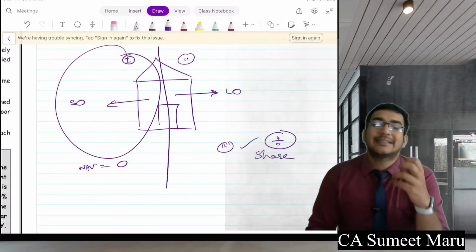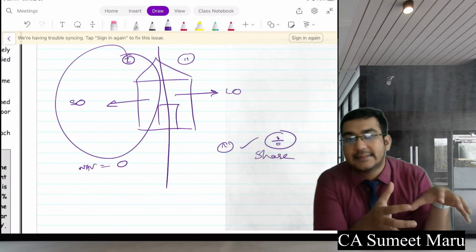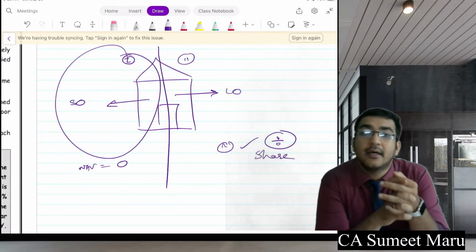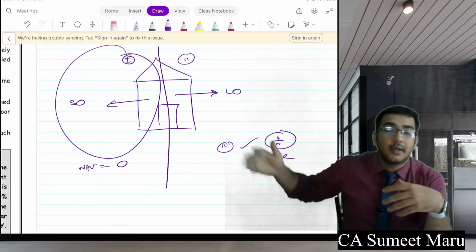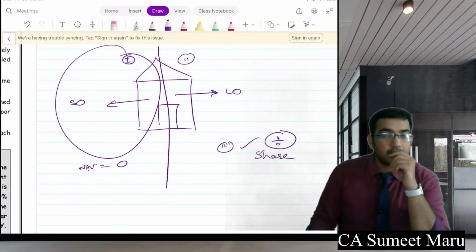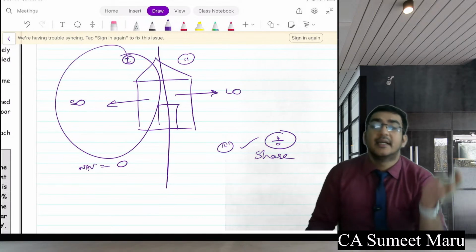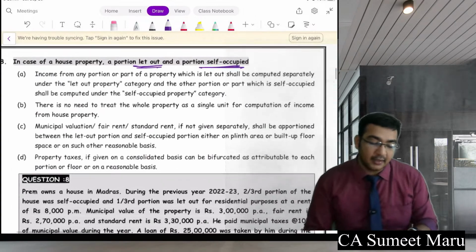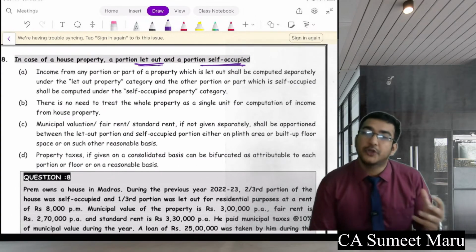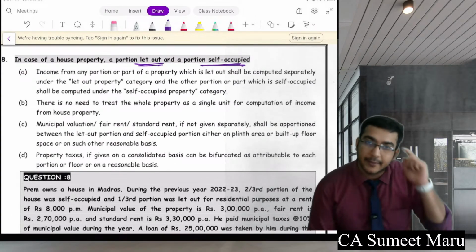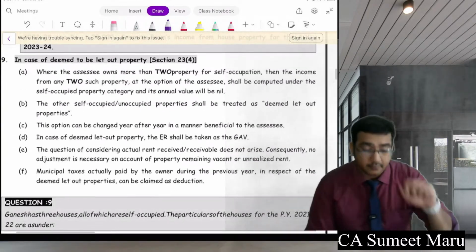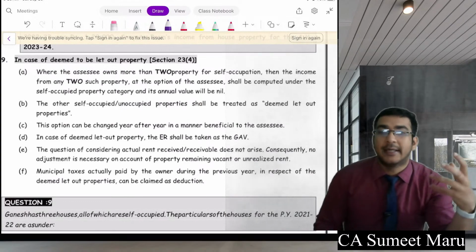So you have to see in a question how much percentage is self occupied, how much percentage is let out. Accordingly, you will decide the percentage here. If it is equal, whatever it is, just treat as two different units in the questions where a portion of the house property is let out and a portion is self occupied. Everyone clear?